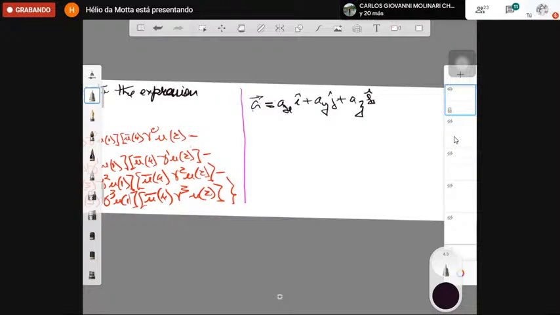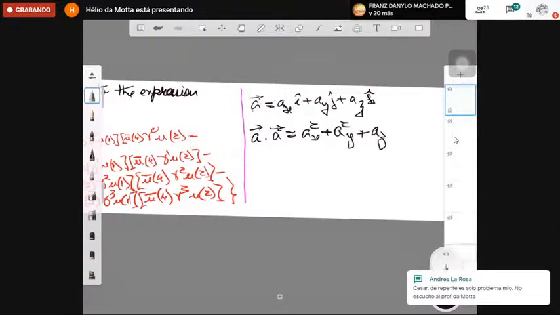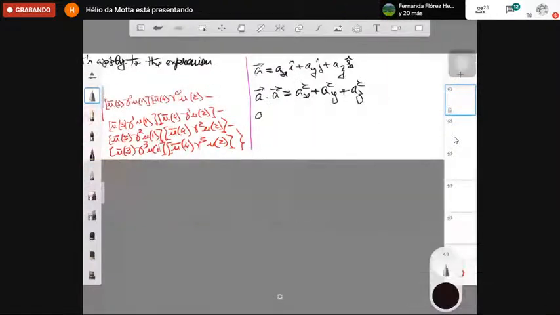Okay, and if you want to make A square, you just have AX square plus AY square plus AZ square. Okay, that's very good. But when we are dealing with relativity, what we have is a quadri-momentum, a quadri-vector.